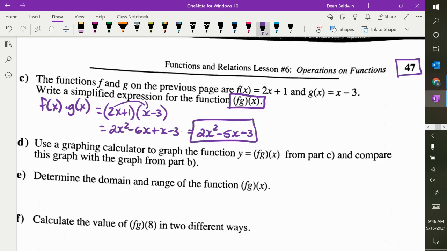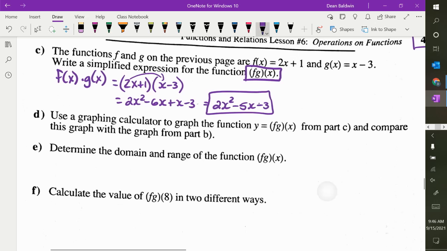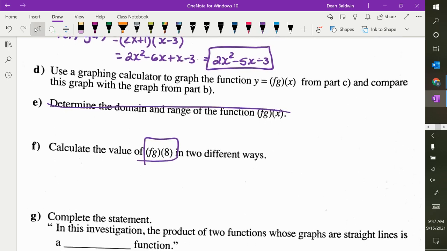Now, if I asked you to do fg of 8, what would be the shortest way to do fg of 8? Yeah, so we know f times g is this, so I can just plug 8 directly into there.